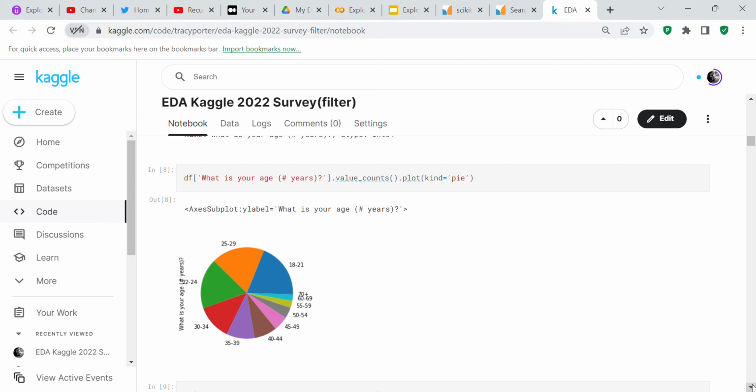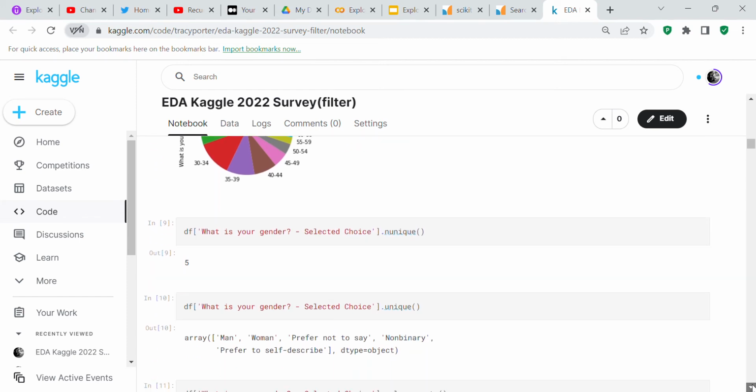I put it on a pie chart, so you can see the biggest representation is 18 to 21, 22 to 24, 25 to 29, 30 to 34, 35 to 39, and then it dwindles after that.